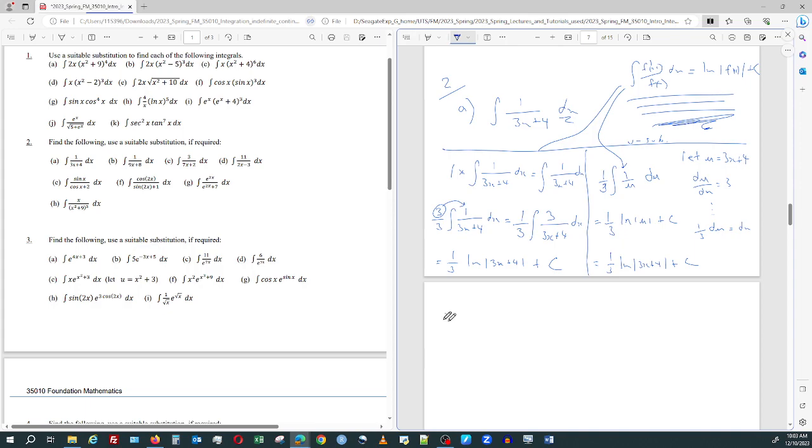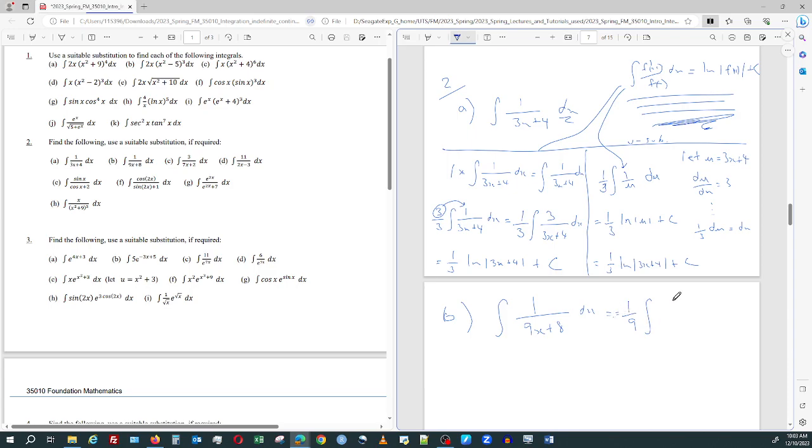All right, I've got time for another one. So we'll do b. Have we got the derivative of the denominator on the numerator? No, we don't. So we need to introduce a 1, and the 1 that we're going to use is 9 over 9. I've already stolen the 9 away, so I've missed a step.